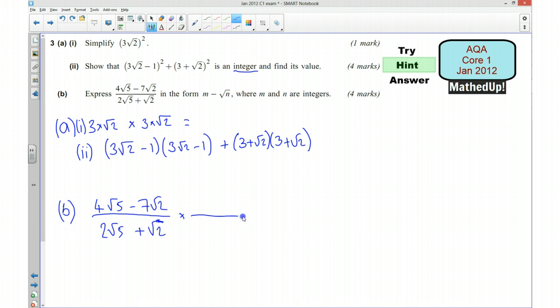And what we want to multiply the top and the bottom by is actually 2 root 5 subtract root 2. And I know if I multiply this by this, that's going to give me a rational number. And because I'm multiplying the denominator by this, I also need to multiply the numerator by this.